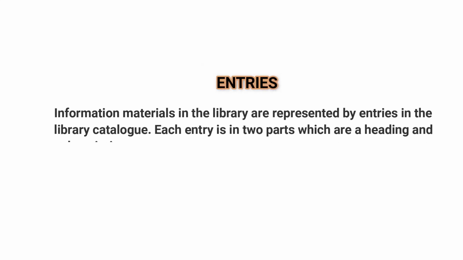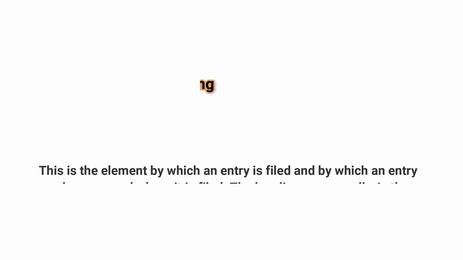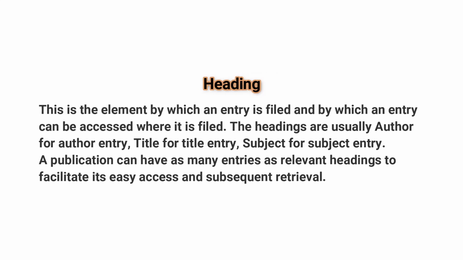Entries. Information materials in the library are represented by entries in the library catalog. Each entry is in 2 parts, which are a heading and a description. Heading. This is the element by which an entry is filed and by which an entry can be accessed where it is filed.